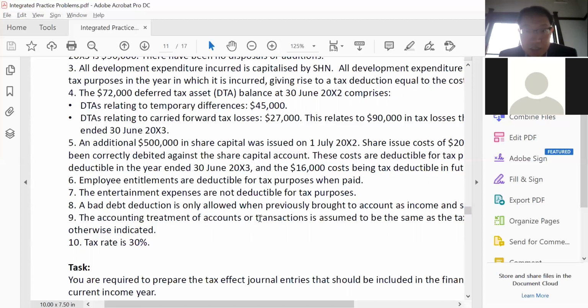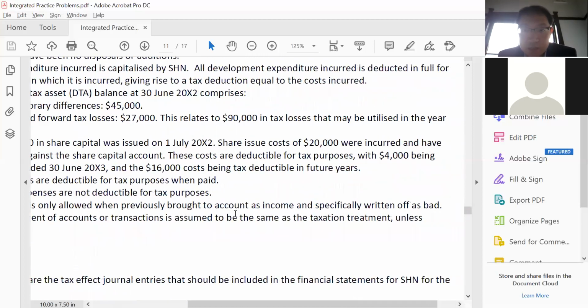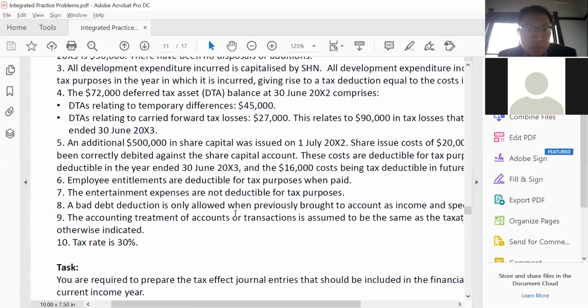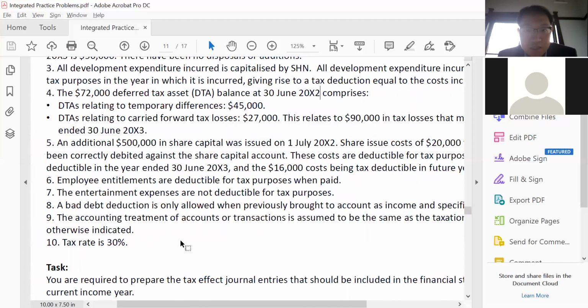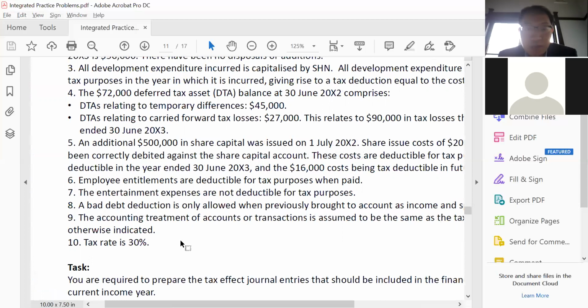A bad debt deduction is allowed when they have been previously brought into account and they are specifically written off as being bad. And then the accounting treatment of accounts or transactions is assumed to be the same, except for cases that are otherwise stated. And we are told that the tax rate is 30%.